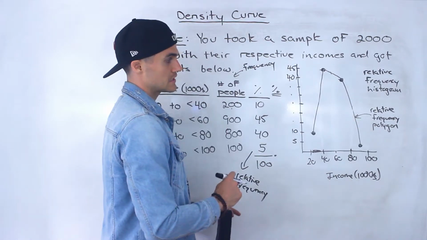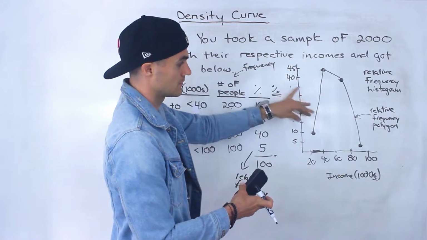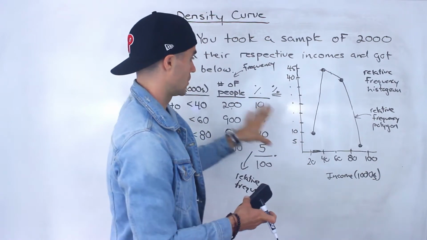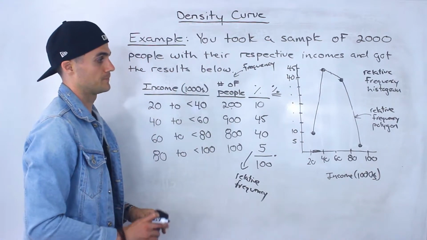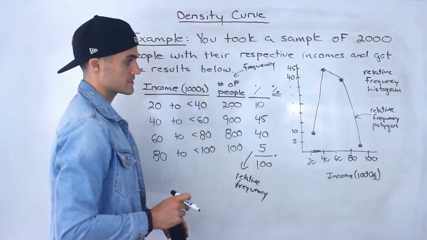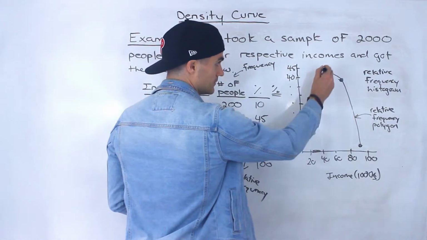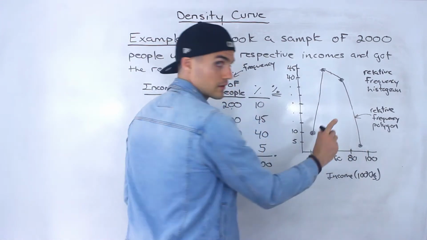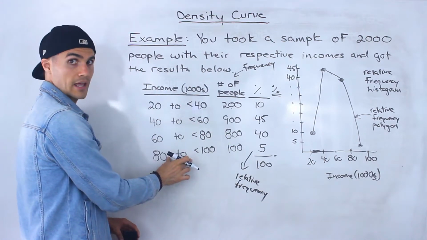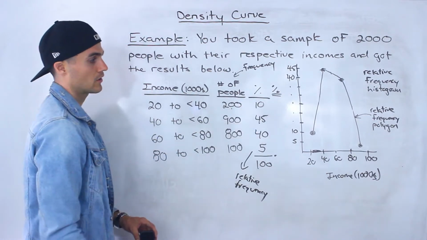And a lot of times, these polygons are shown without the histogram. So notice I erased the bars here and just showed you how the polygon looks by itself with this data over here. Now, a couple of things that I want to mention about this polygon, actually just one, is that notice that the number of dots here, there's 4, and it's the exact same as the number of intervals in this relative frequency table that we are using.